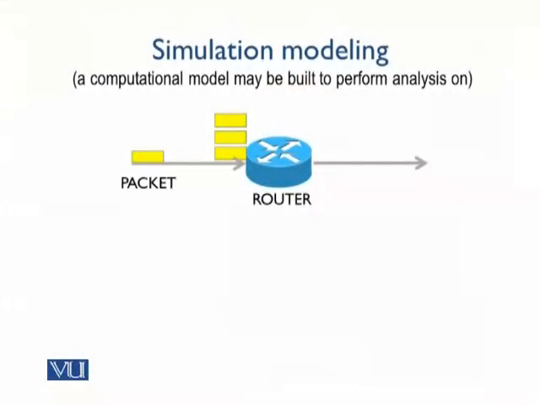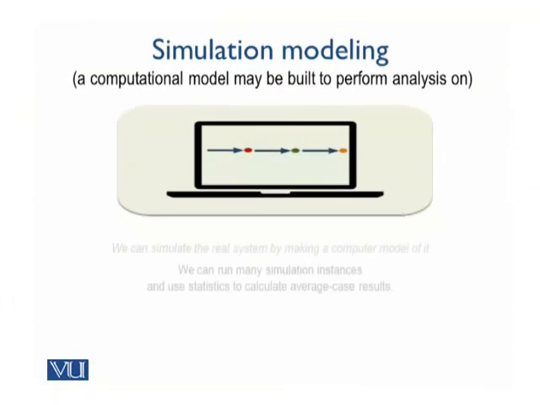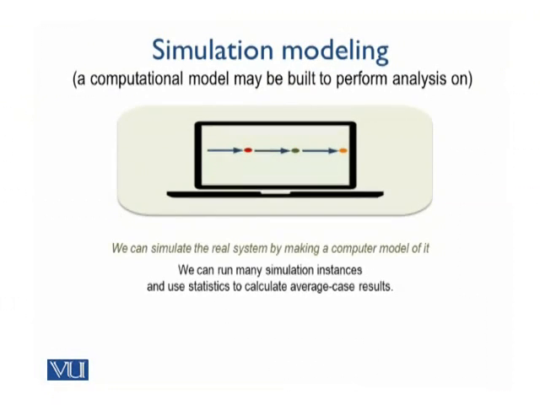The next technique is simulation modeling. In simulation modeling, we replace our considered problem of a router with packets coming in with a queuing model programmed in a computer. We would build what is known as a computational model. This computational model can be made arbitrarily complex.